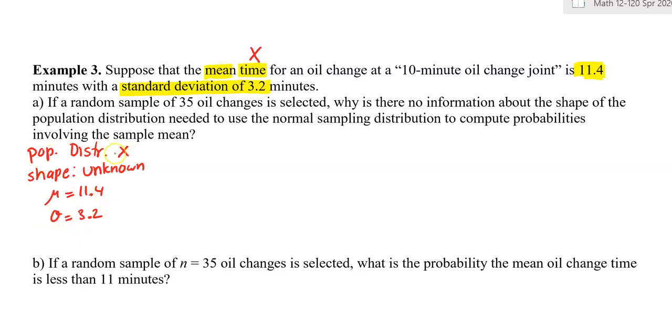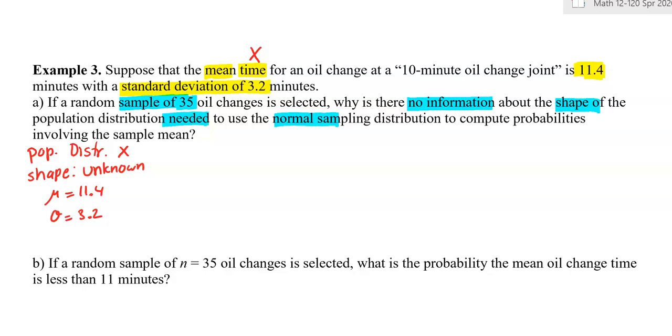So again, we just summarize the information. Now let's look at the problem. If a random sample of 35 oil changes is selected, why is there no information about the shape of the population distribution needed to use the normal sampling distribution to compute probabilities about X bar? So about the sample mean.